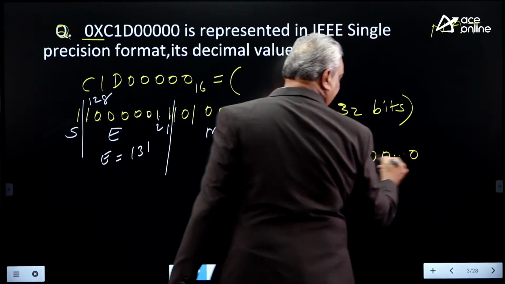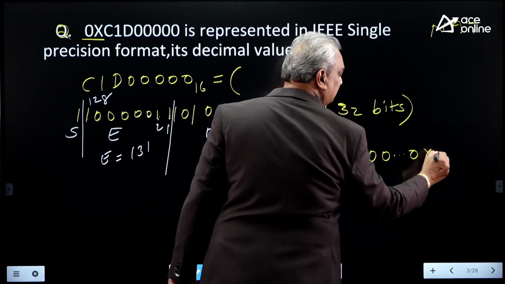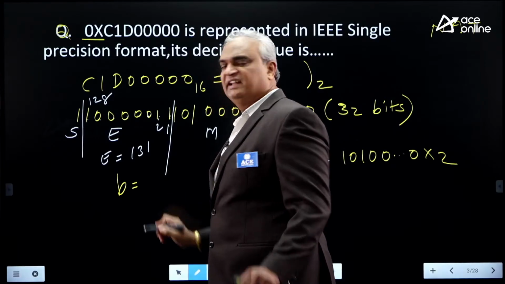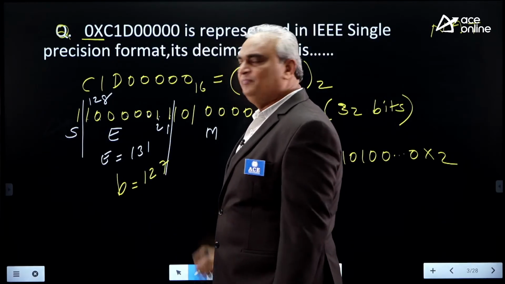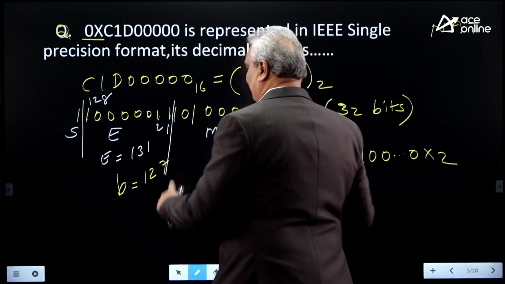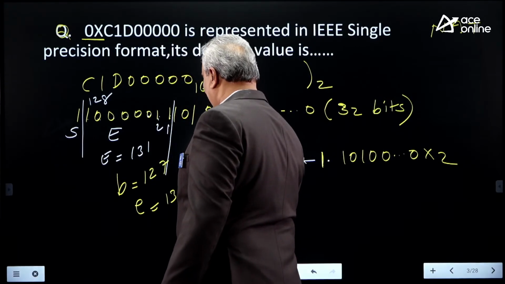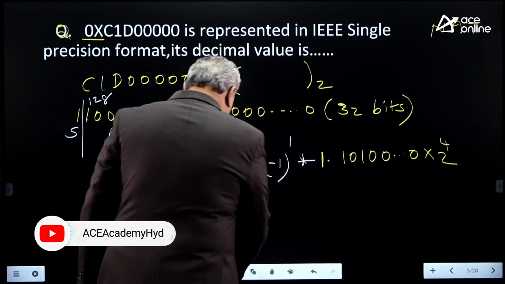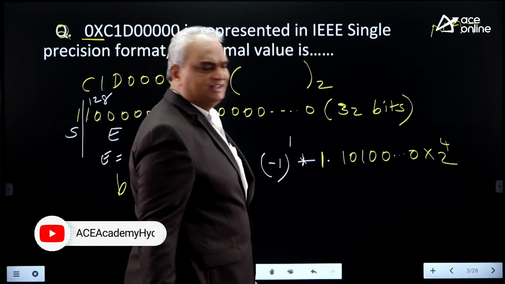What is the size of M? M is 23 bits, into 2 power e. What is the amount to be biased? It is fixed in the IEEE standard as 127 for single precision. So here, small e is 131 minus 127, which is 4. I am going to explain an easy technique for finding the decimal value.